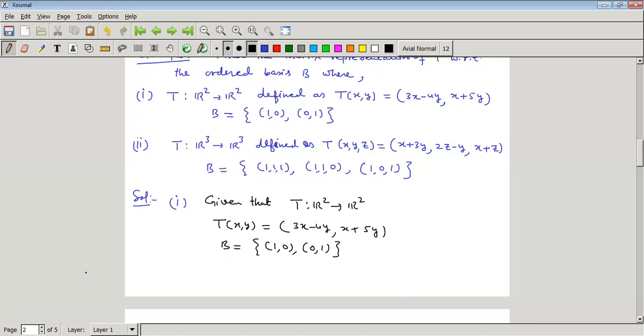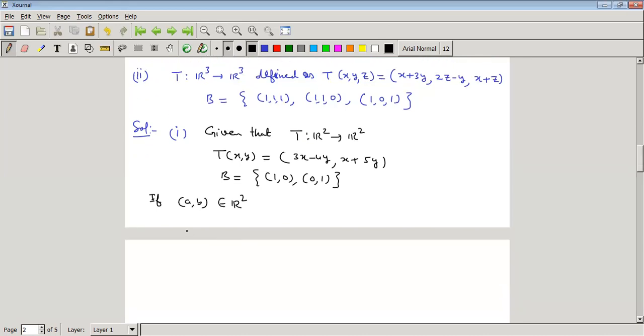So given any (a, b) in R2, there exist alpha, beta in the field, let the field be the set of real numbers, such that (a, b) is represented as alpha times (1, 0) plus beta times (0, 1). That is (alpha, 0) plus (0, beta).